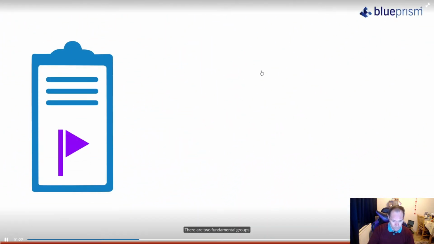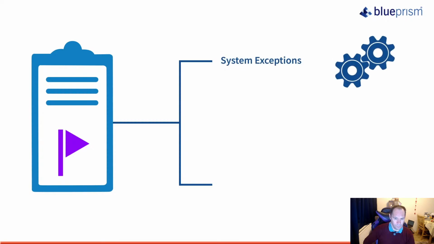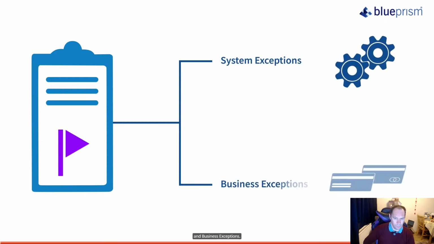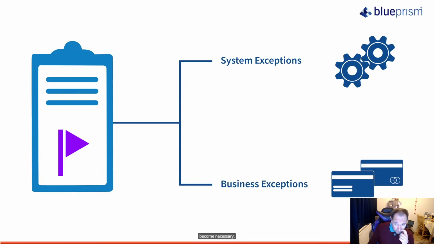There are two fundamental groups into which exception types can be categorized: system exceptions and business exceptions. However, it is possible to define an attribute as many additional exception types as required, should further distinction become necessary.